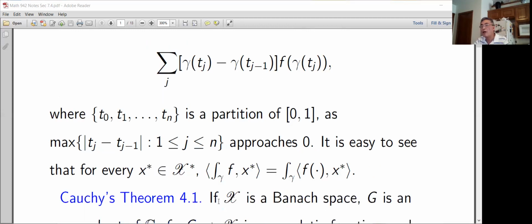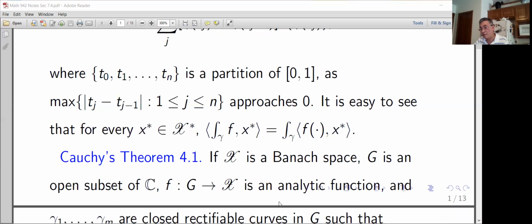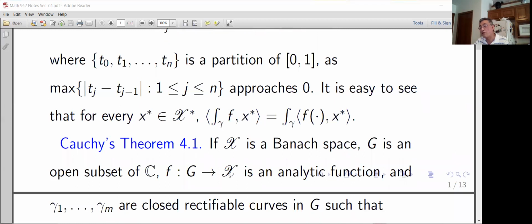Now we have Cauchy's theorem 4.1. If X is a Banach space, G is an open subset of C, f from G to X is an analytic function. Please notice that this is a vector valued analytic function.